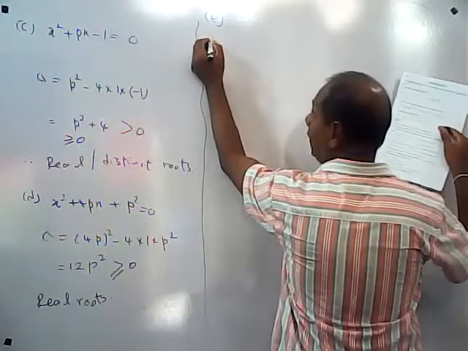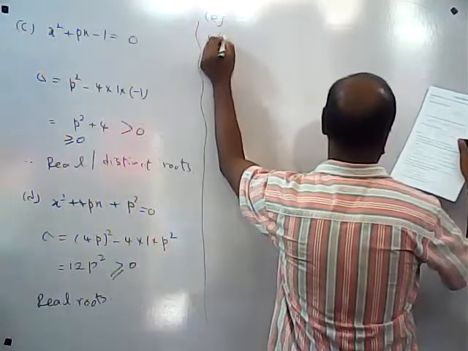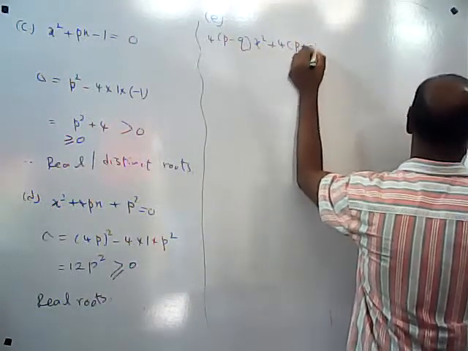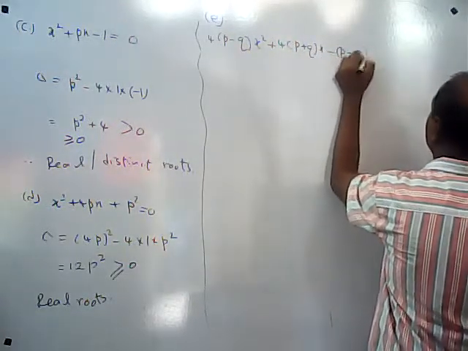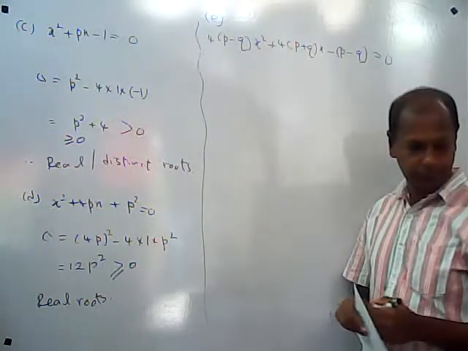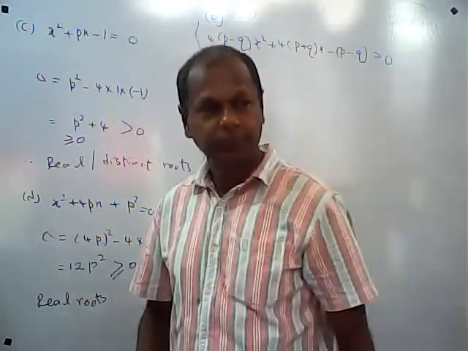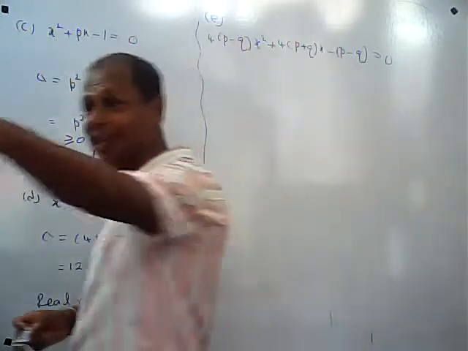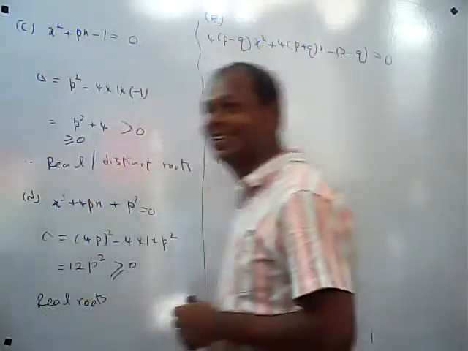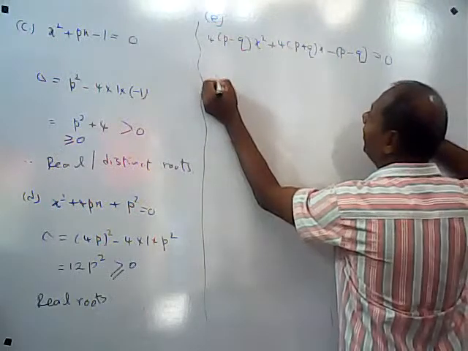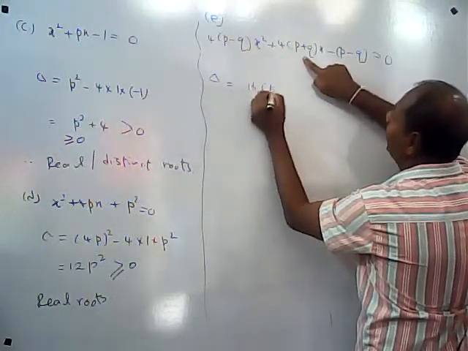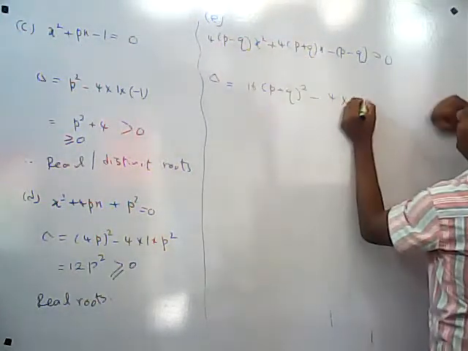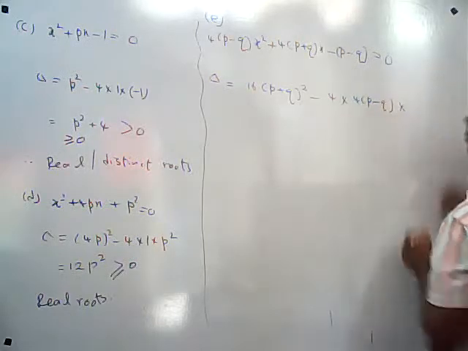Next, E. 4p minus q x squared plus 4p plus q x minus p minus q equals 0. So delta is b squared, 16 p plus q squared, minus 4 times a, which is p minus q, times c.